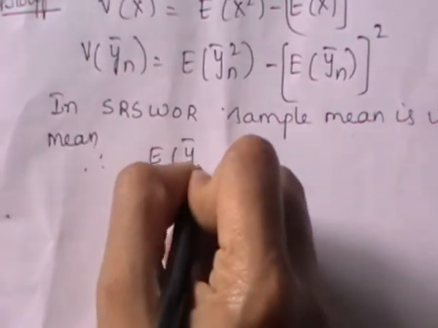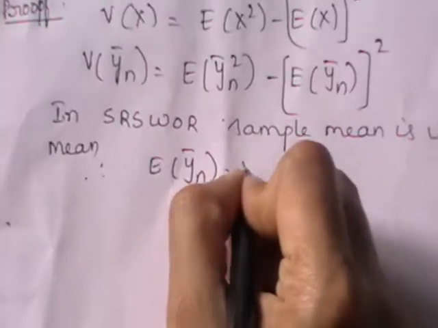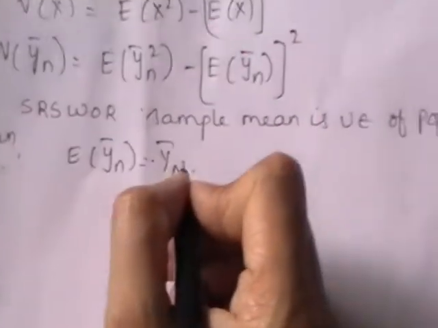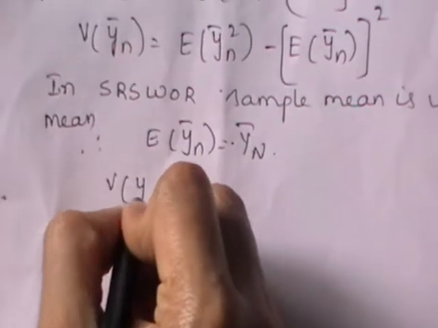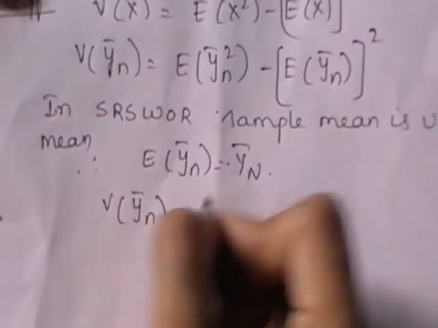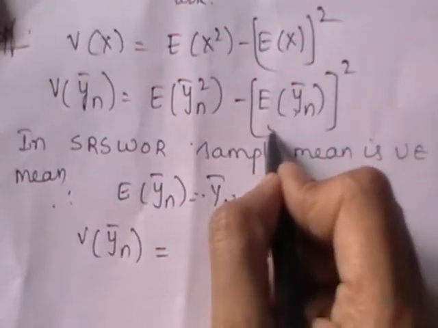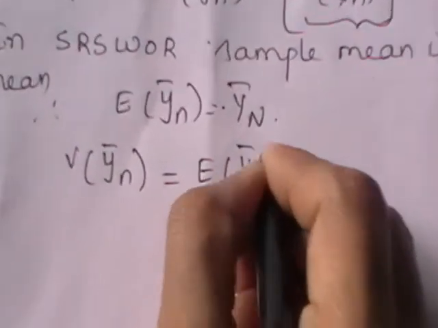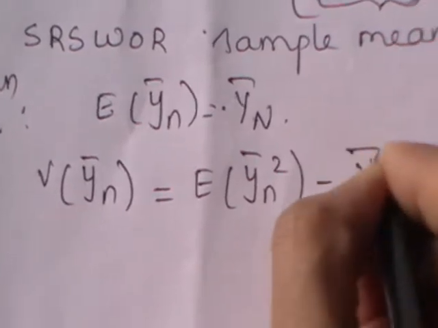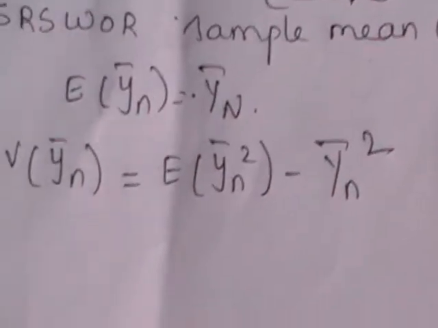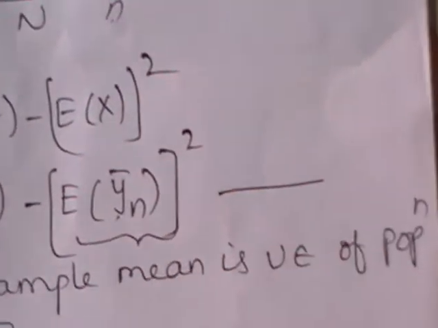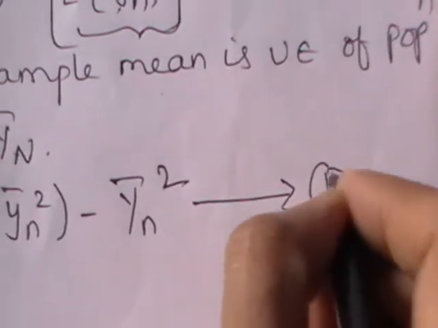The statement is E of y bar n is equal to capital Y bar N. So variance of y bar n is equal to, replacing expectation of y bar n with capital Y bar N, E of y bar n square minus capital Y bar N square. Let us name this as equation number 1.